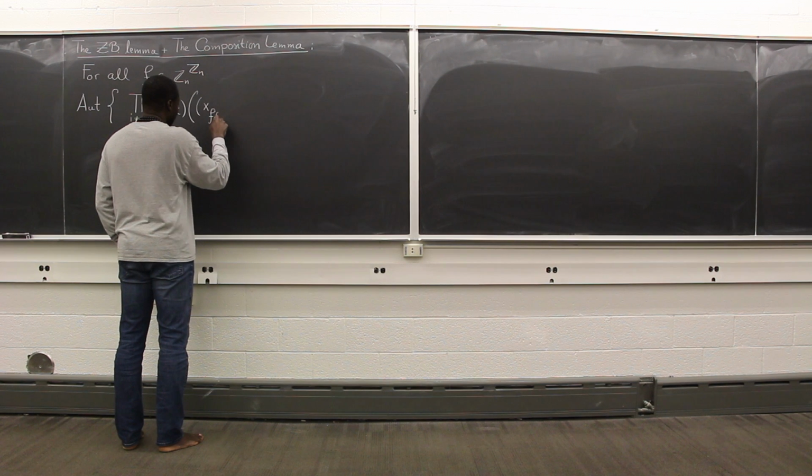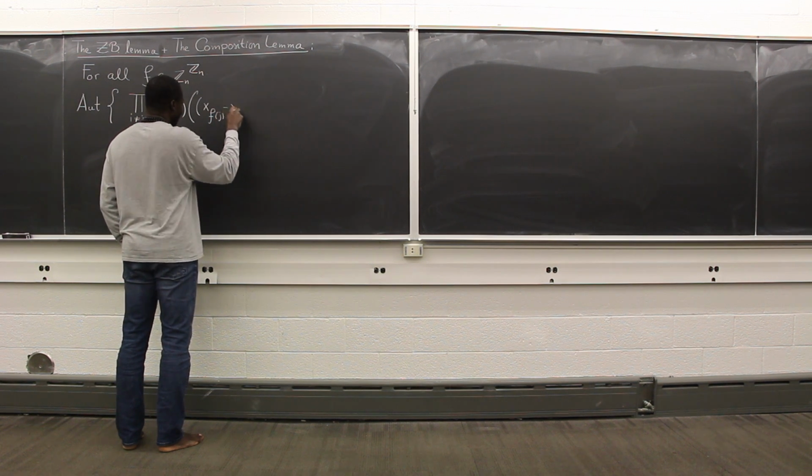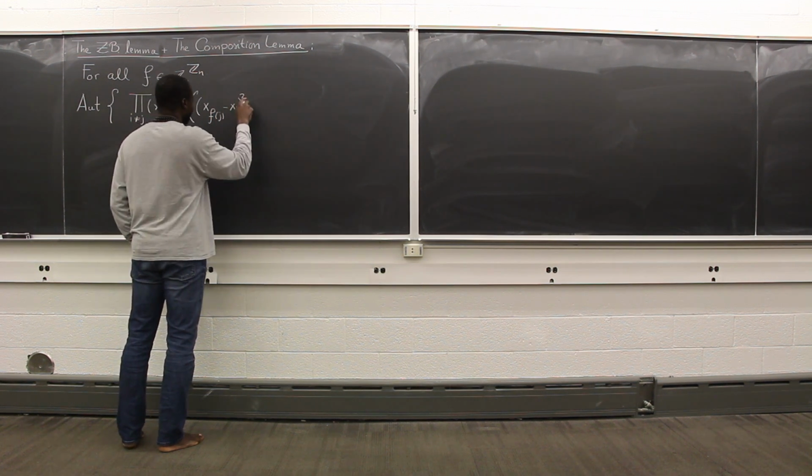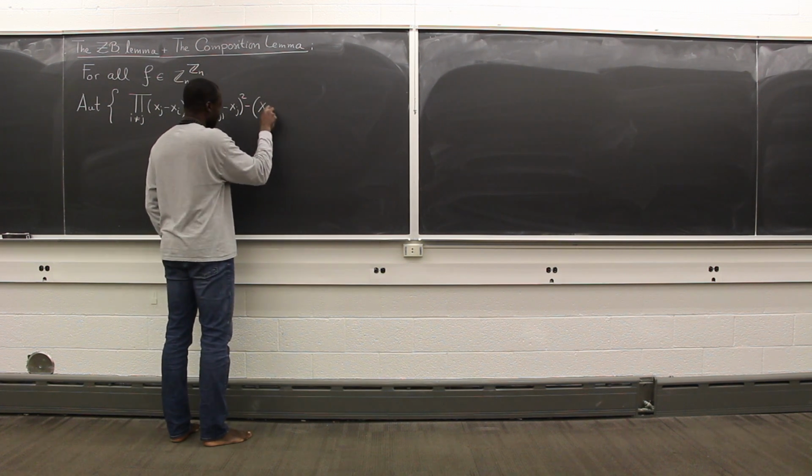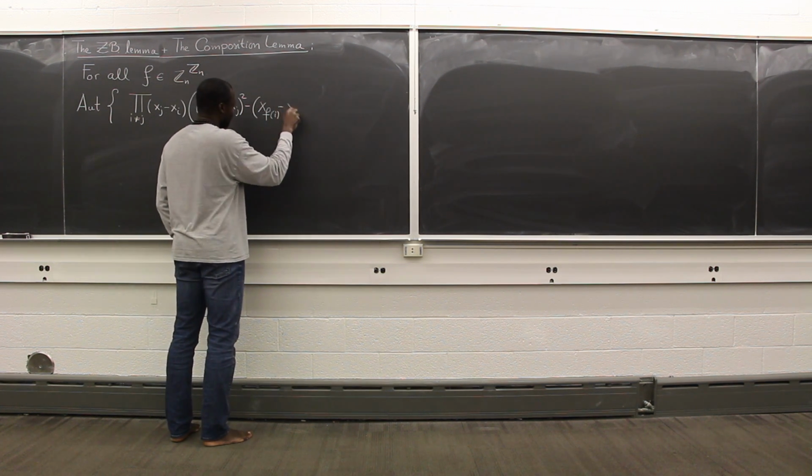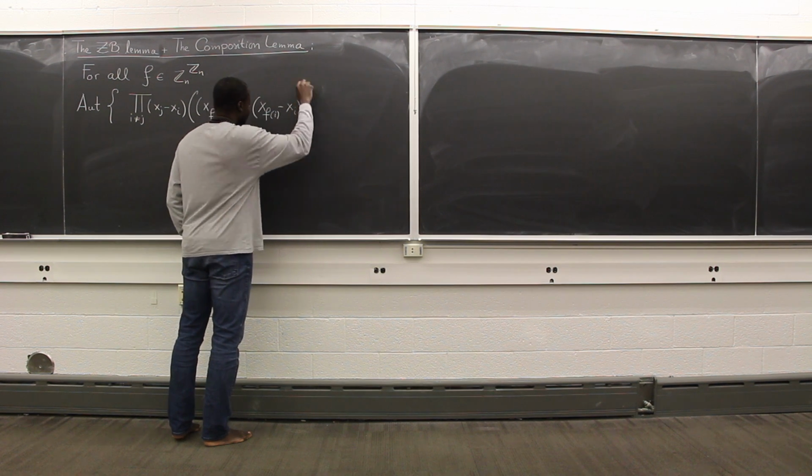So this is x f of j minus xj squared, minus x f of i minus xi squared.